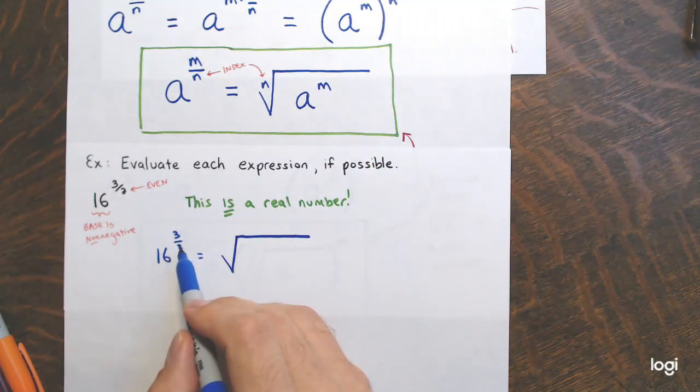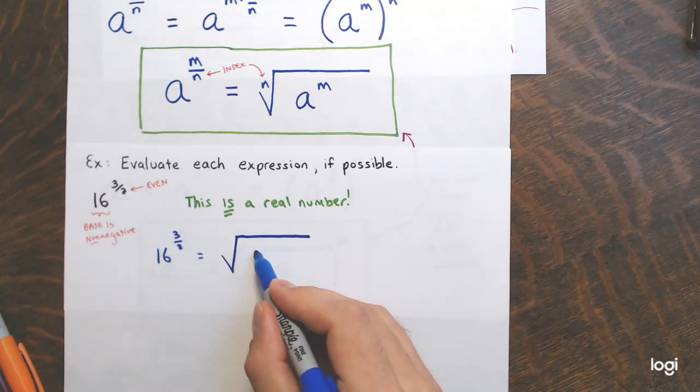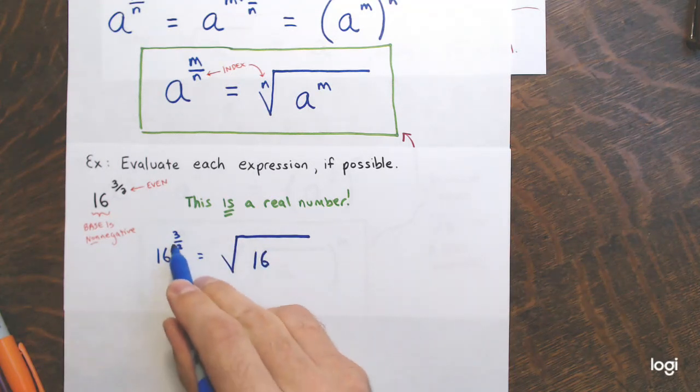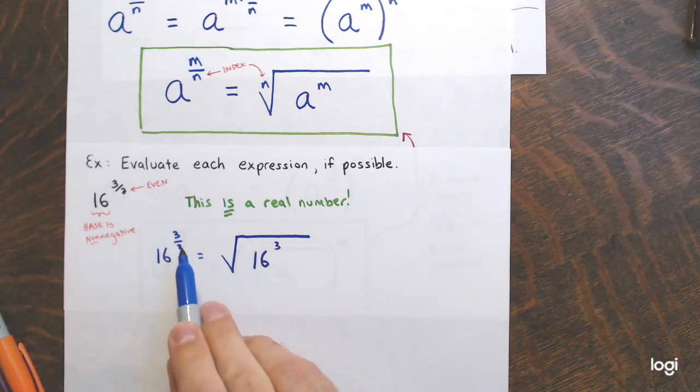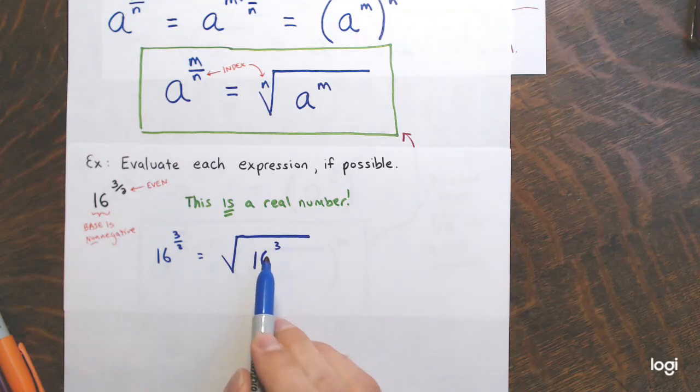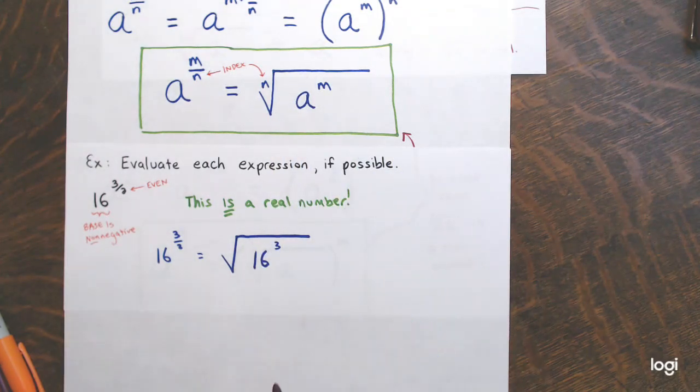I take the square root of, and on the inside, 16 to the 3rd power, the base to that numerator power. So the denominator is the index 2. The numerator is the power on the inside when I look at it this first way.